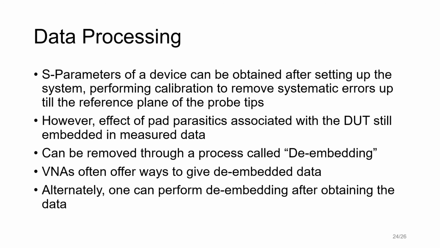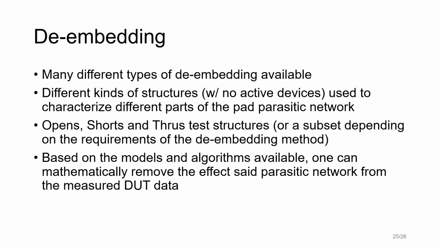Post de-embedding, other data can be obtained from S parameters, for example the H21 magnitude and phase, with which we can calculate the FT. There exist many ways by which one can de-embed the measured data and make it free of the effect of the unwanted pad-related parasitics.